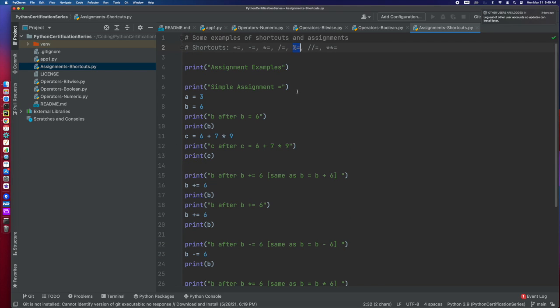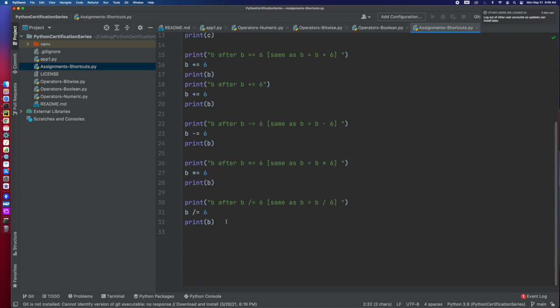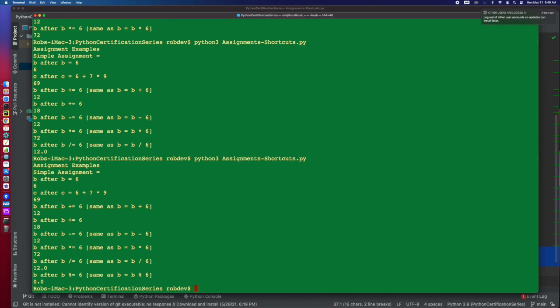So we can also do our mod. We're going to do this one a little bit differently, because we can do it with percent equals. Let's do this first and see what number we get to.